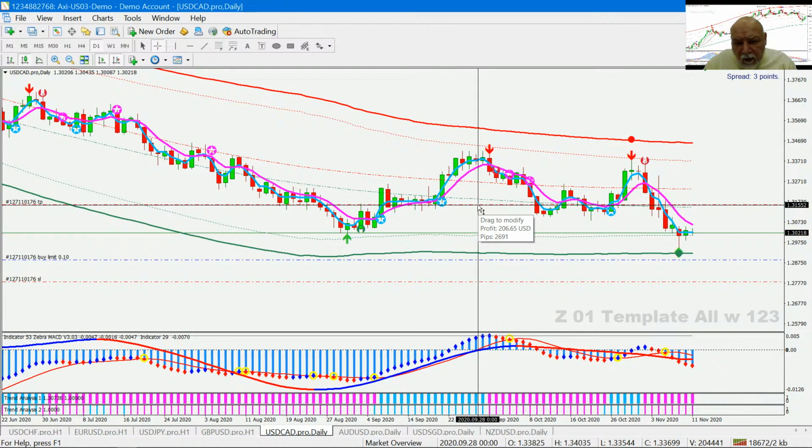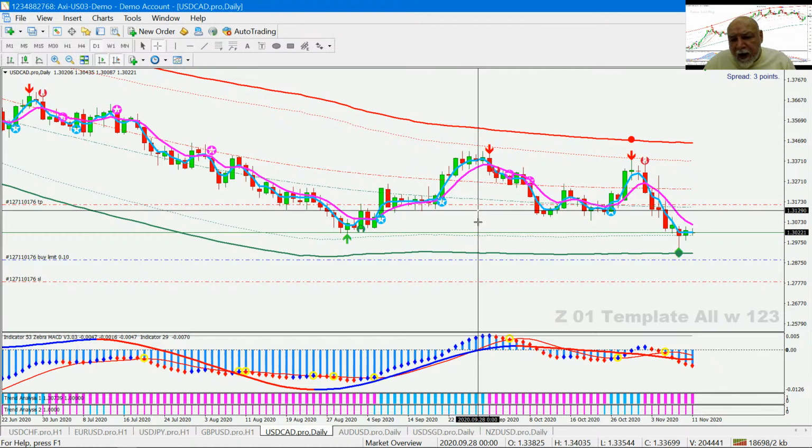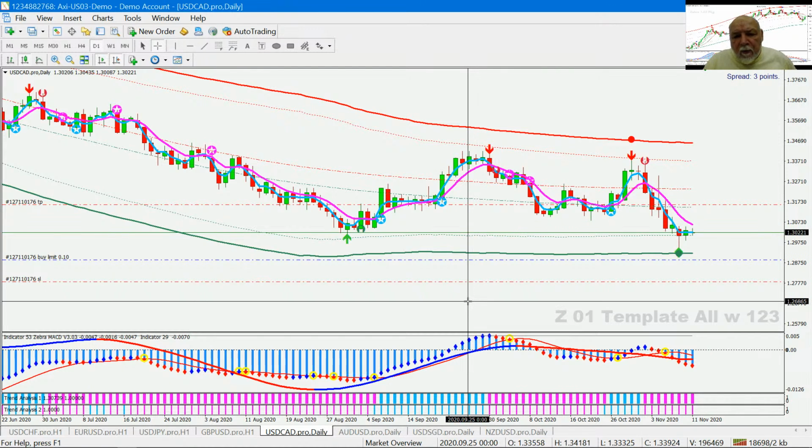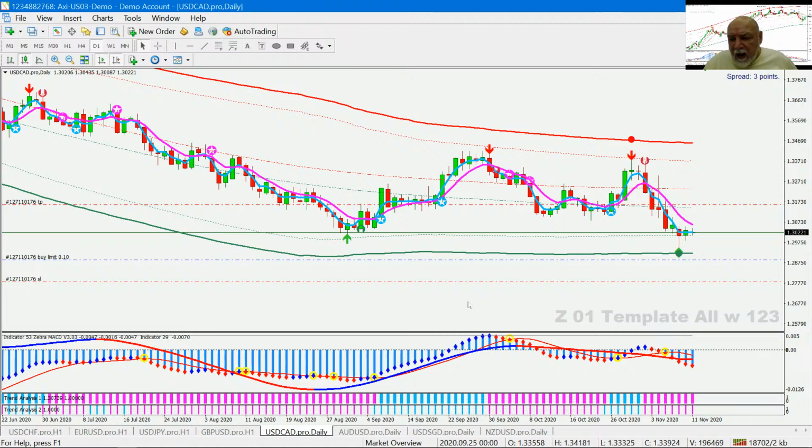So close to 3-to-1, much better than a 2-to-1 for a long-term trade. So I will put these numbers together and make them available, and we'll see what happens to this trade on the USD CAD next Wednesday, see how far it goes.